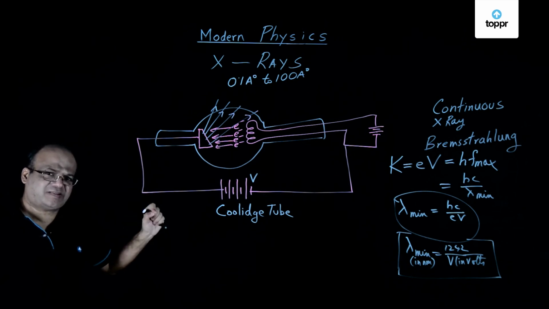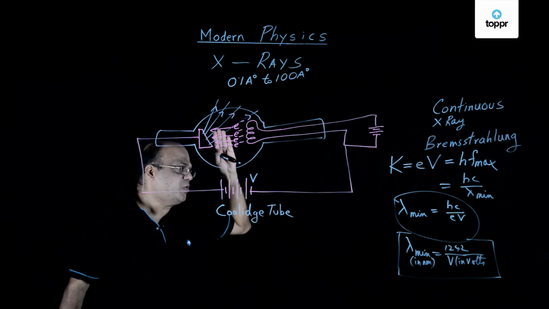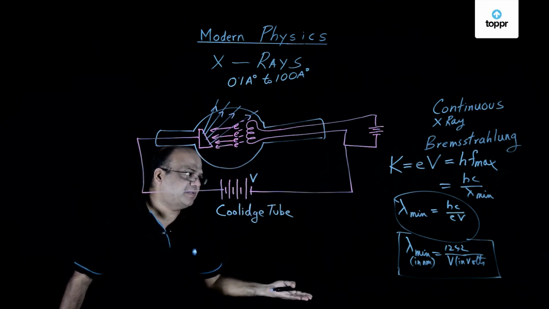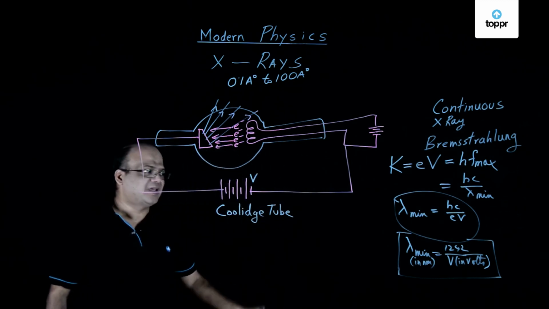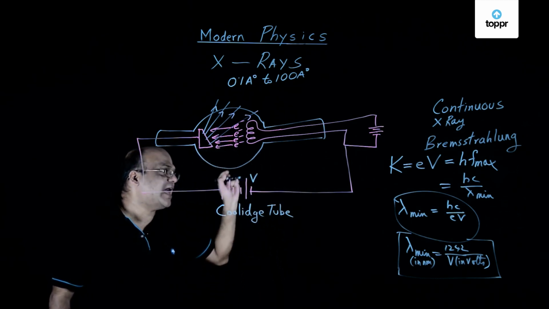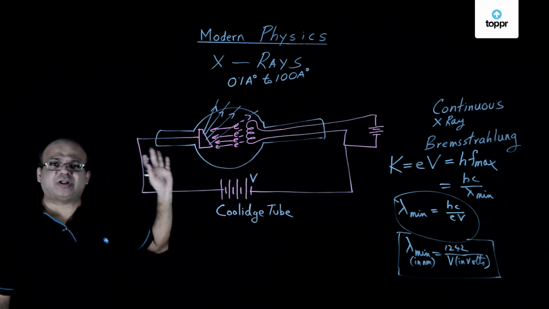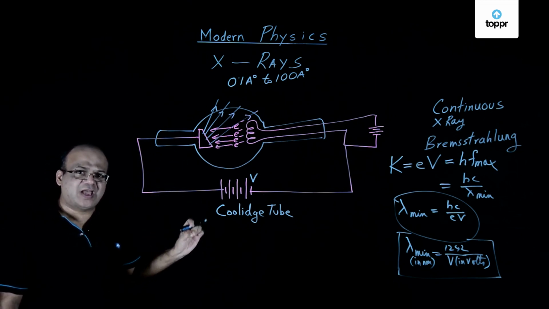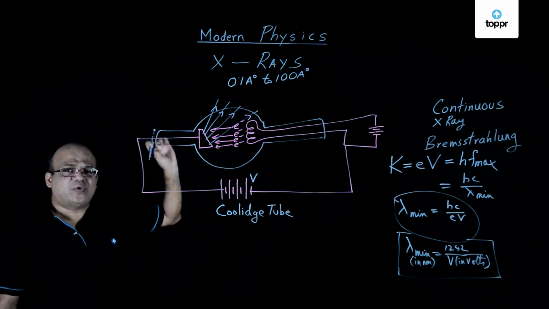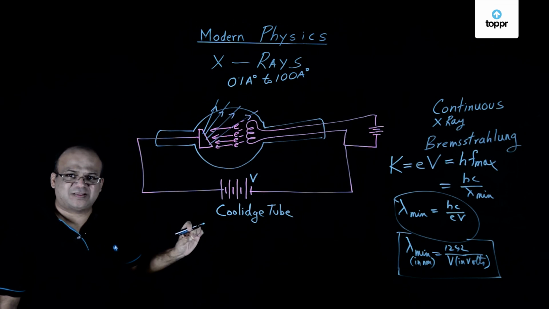Now for continuous X-rays, if you want to decrease lambda minimum, then you have to increase V. So as V increases, lambda minimum decreases. So the important thing you need to remember about continuous X-rays is that they depend on the accelerating voltage. As we increase the accelerating voltage, lambda minimum decreases.